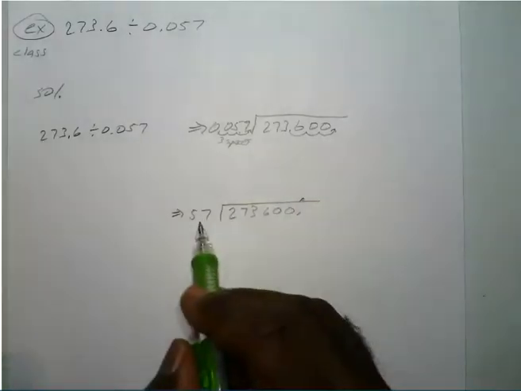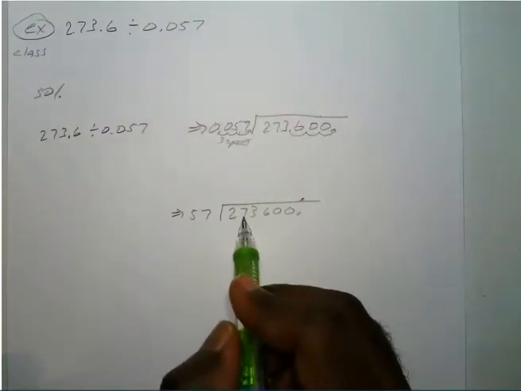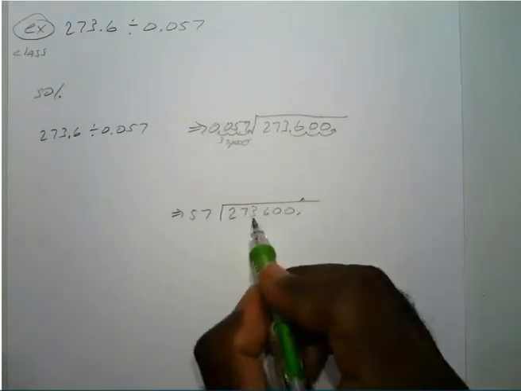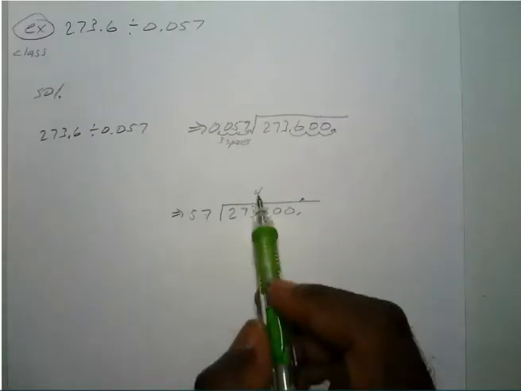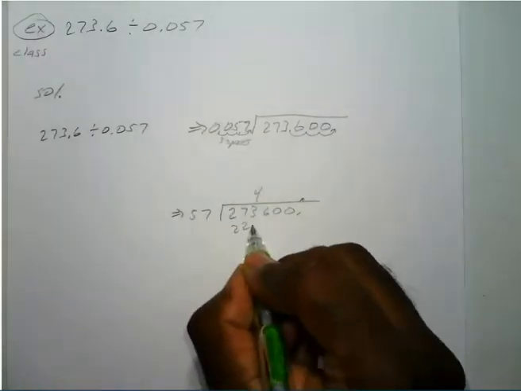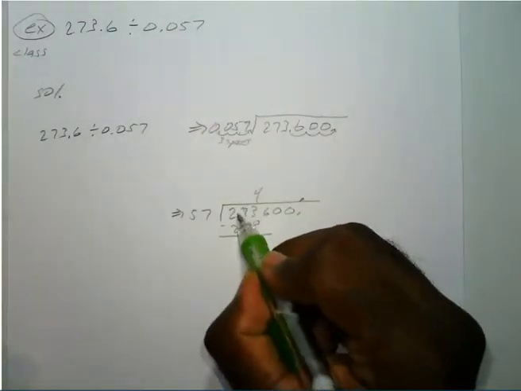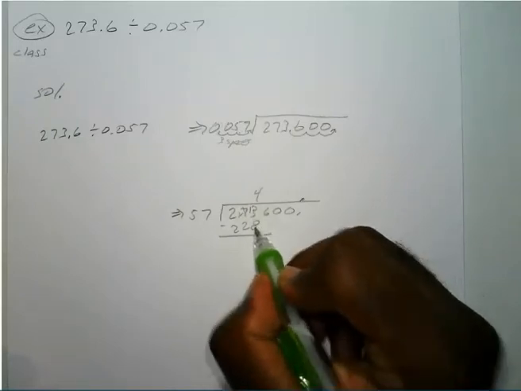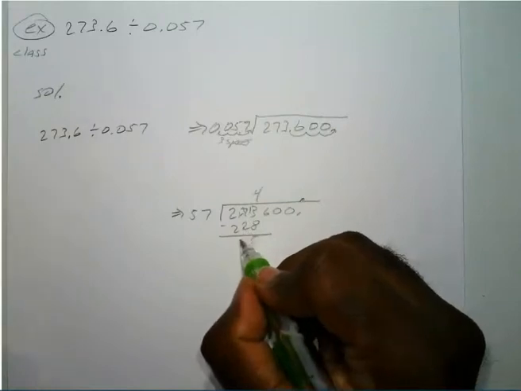Okay. So 57 doesn't go into 2, doesn't go into 27, but it does go into 273. 57 goes into 273 4 times. 57 times 4 is 228. So we go ahead and subtract that. Okay, so we borrow 1. 13 minus 8 is 5. 6 minus 2 is 4.